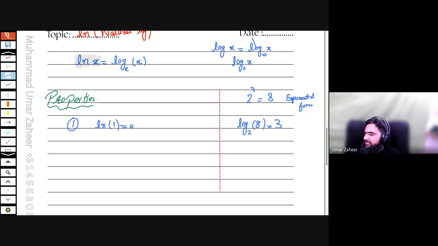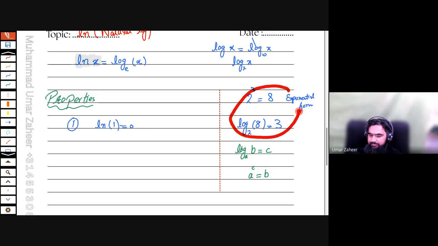All right. What we have done, we just converted a value from exponential form to logarithmic form. Log with base 2 of 8, the answer is 3. In general form, we write it as log with base a of b, the answer is c. So it can be written as a to the power c, the answer is b.